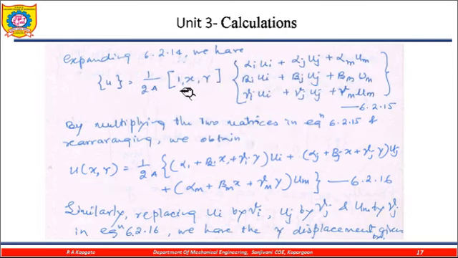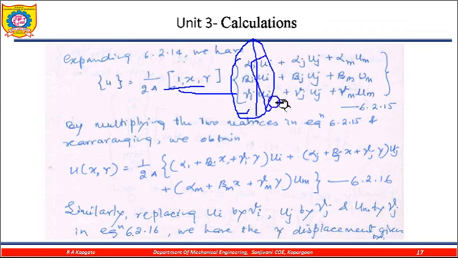Now this term multiplied by this term, row multiplied by column. This ui is constant, so it comes out. Then alpha i into 1, beta i into x, then y multiplied by gamma i. In a similar way this one is multiplied by this. Again uj is constant.